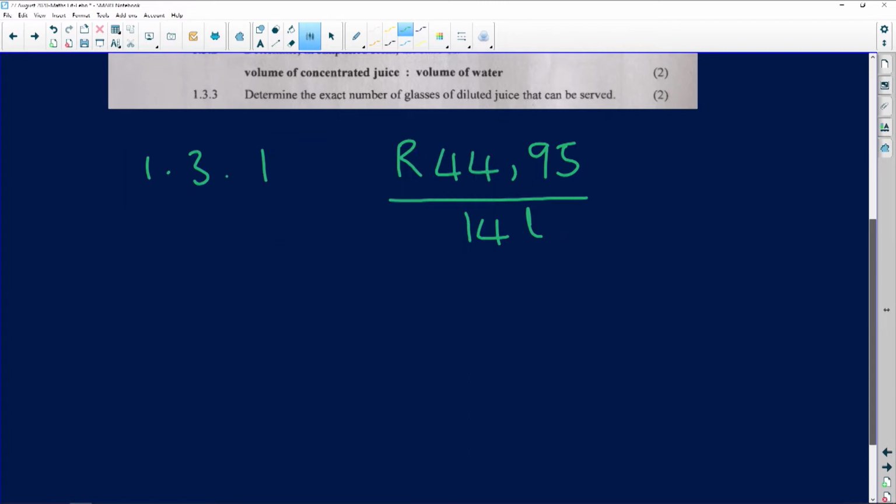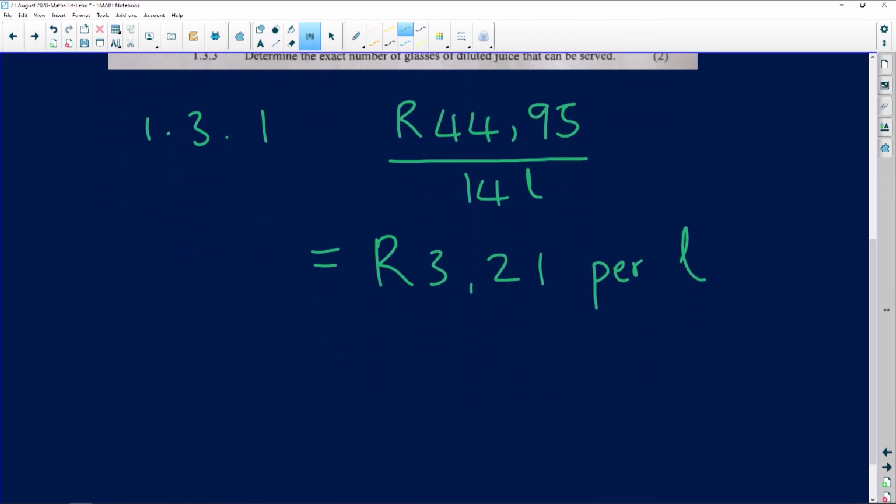I'm going to round that off to 2 decimal places. 3 Rand and 21 cents per liter, because it says to us per liter. Perfect. That's what we're going to say in terms of that.